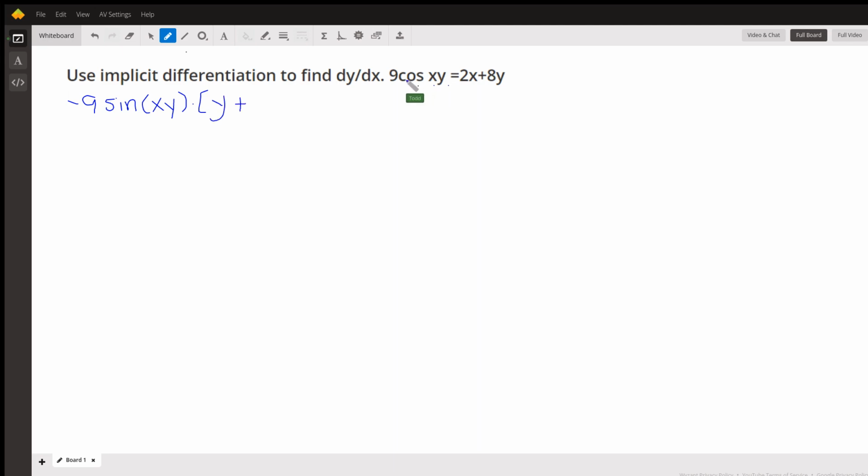Plus, we add the derivative of the second. The derivative of y is 1 dy/dx, times the first function, x. I think it looks a little better to put the x in front. So that's the derivative of the left-hand side.